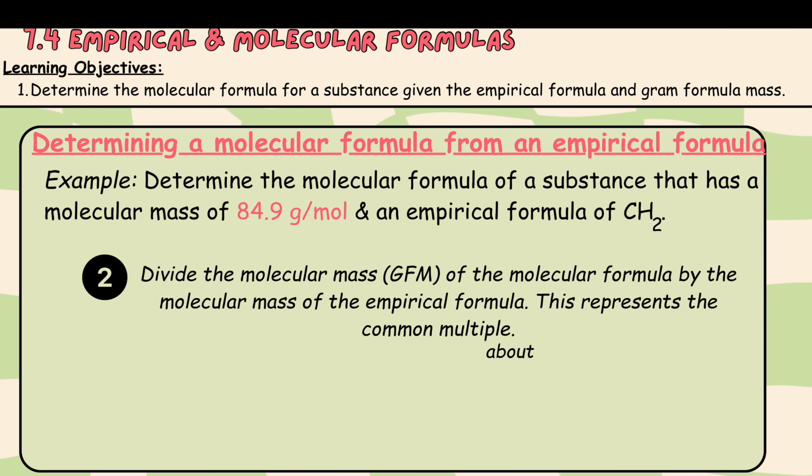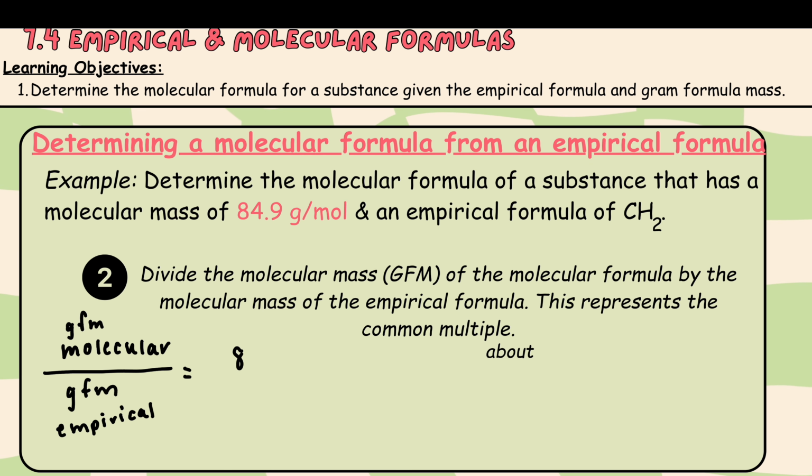The second step is we want to divide the GFM of the molecular formula by the GFM of the empirical. So we're going to put the GFM of the molecular, the bigger number, over the GFM of the empirical, because we want to get a larger whole number. We don't want any decimals.